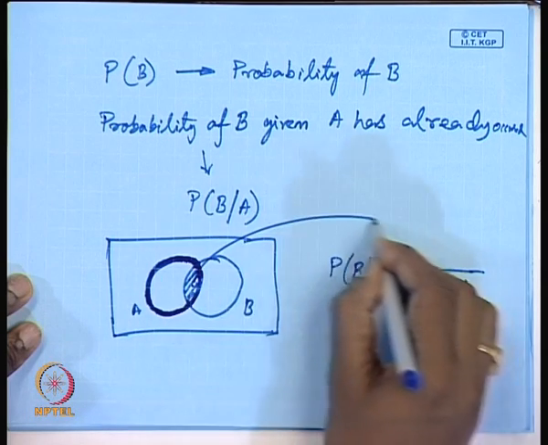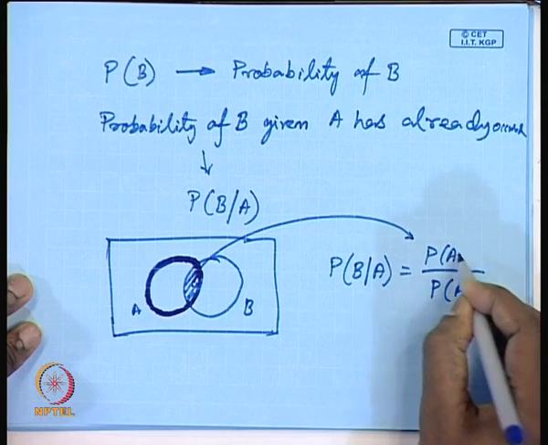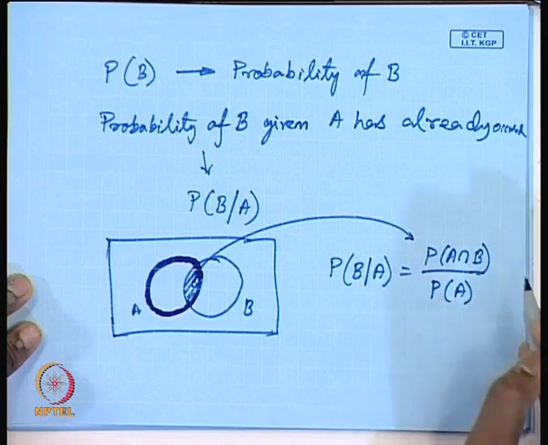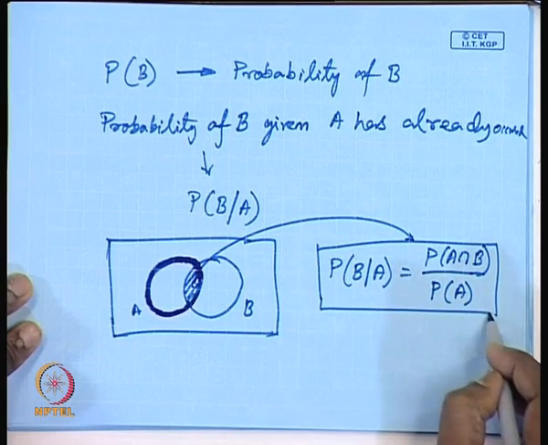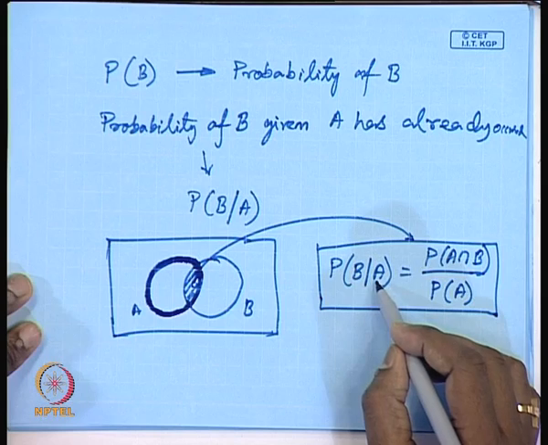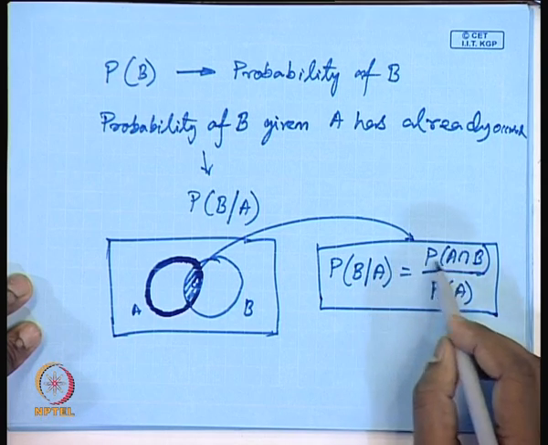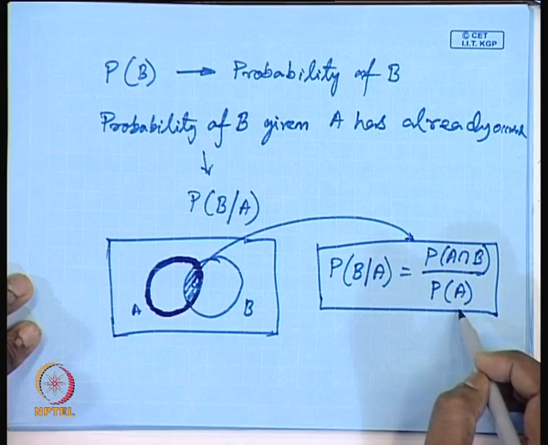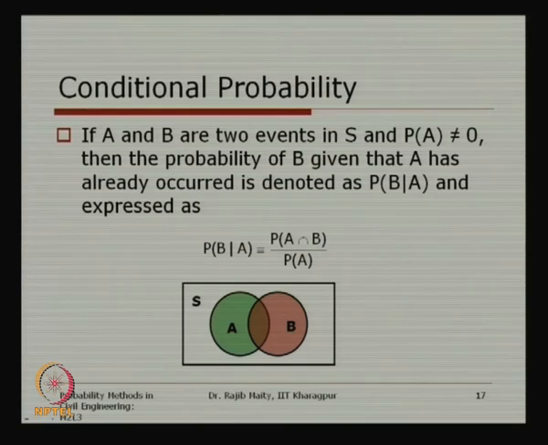This area is nothing but probability of A intersection B. So, this is the expression for the conditional probability: probability of B given A has already occurred equals probability of A intersection B divided by probability of A. The same thing is shown here: the probability of A intersection B is this shaded orange area, and probability of A means this green area plus this orange intersection area. So this is the conditional probability.